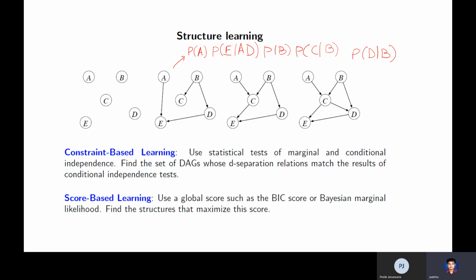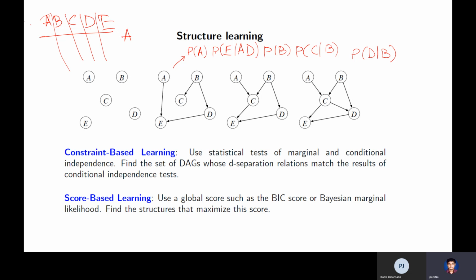This is the factorization. And this will give you a set of conditional independences, like a node is independent of its non-descendants given its parents, or if they are d-separated, they are conditionally independent. So you collect all such conditional independences, and now you are given your training data A, B, C, D, E. You are given a bunch of values, and you do a statistical test to check whether these conditional independences hold.